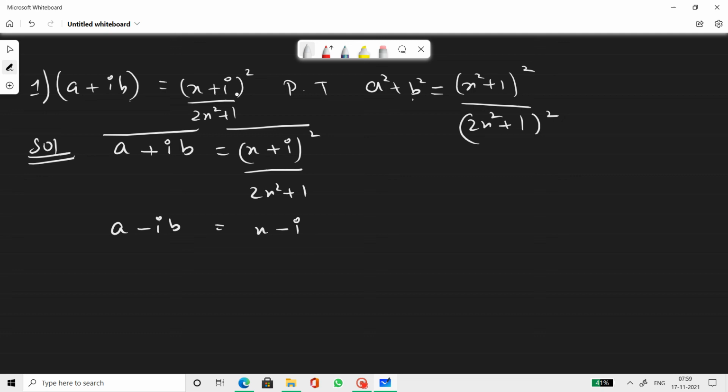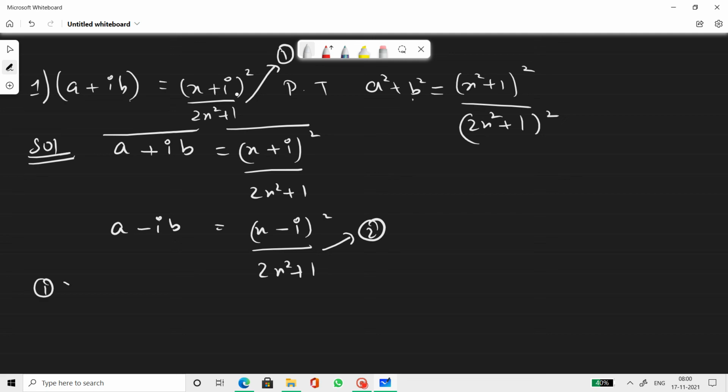It will be (x - i)² divided by the denominator. But the denominator is not a complex number. It's 2x² + 1. So therefore, no conjugate for that. It remains the same. The given information I'm going to take as statement number 1, and the conjugate that I get is statement number 2.